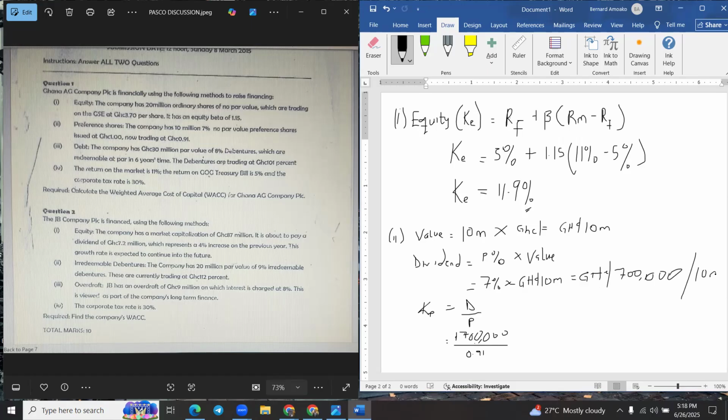So dividend shouldn't be the total value, but the dividend per share. In another way, we can directly multiply the percentage by the amount per preference share. But the best way is to find the total value and divide by the number of shares to get the dividend per share.